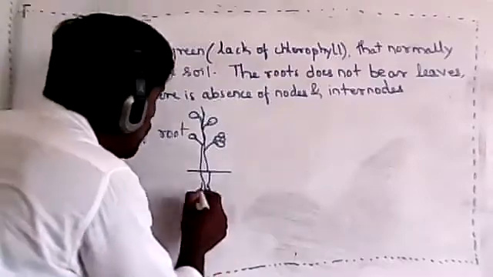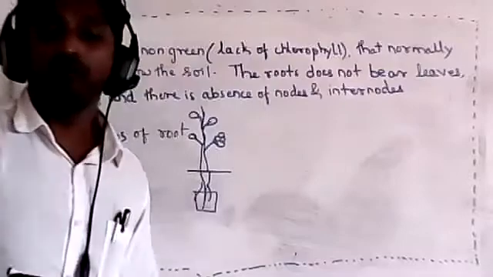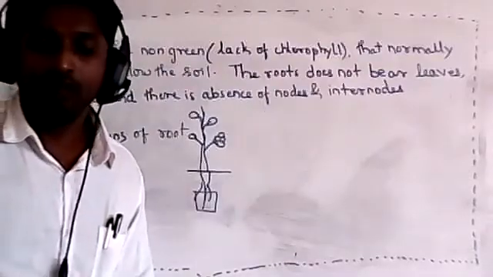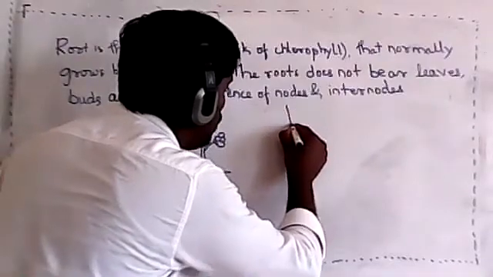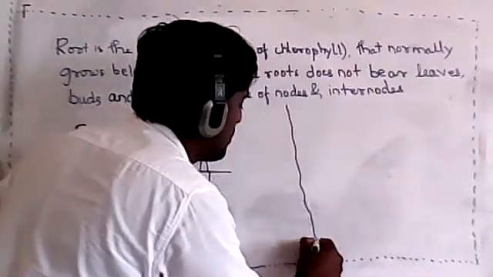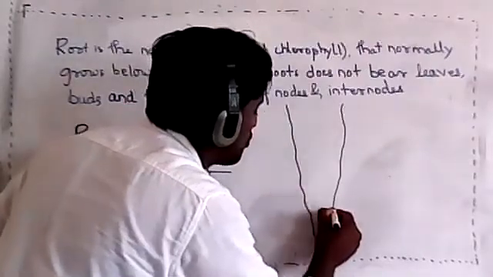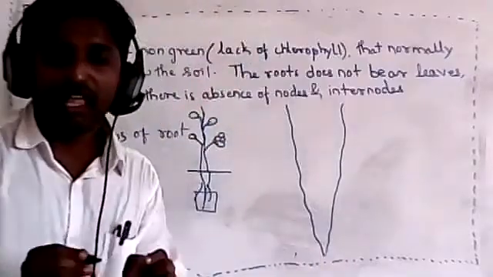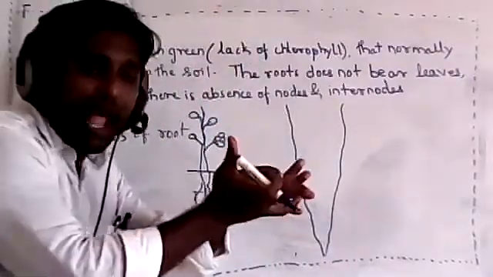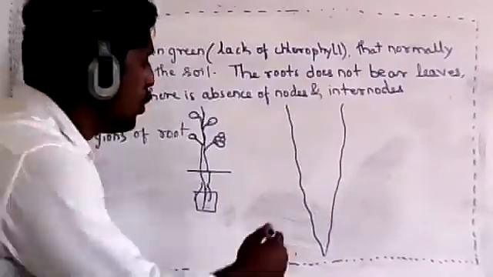Now we will focus on the regions of the root. If you draw the structure of the root, this is the zoom amplified structure of the root. I have magnified the structure of the root.